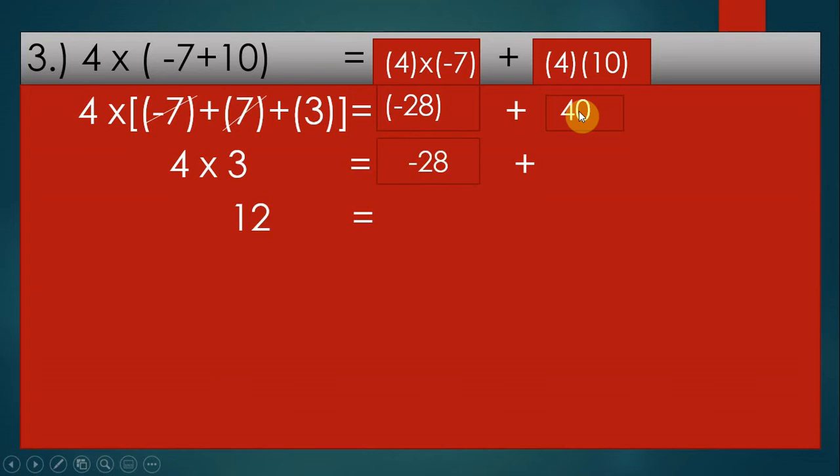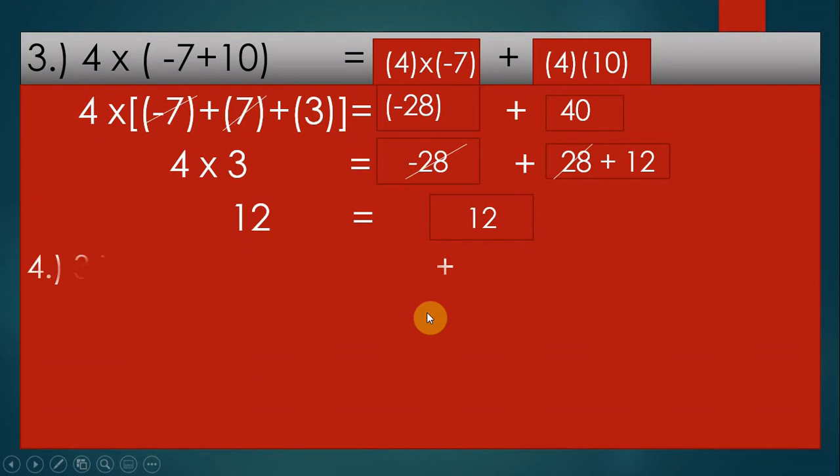One of its breakdowns is the opposite of negative 28, which is positive 28. Positive 28 plus 12 yields 40. So this is the breakdown of 40. Then we could cancel out negative 28. So the remaining number is positive 12. See, they have the same answer.